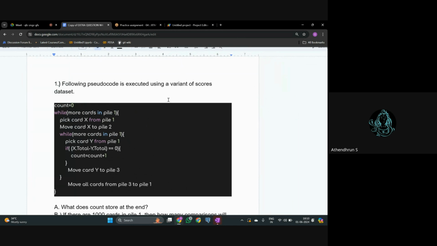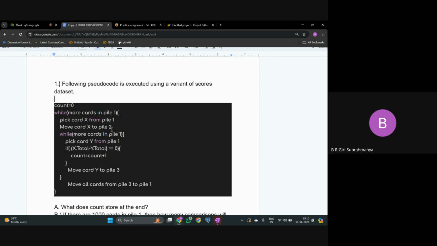Sir, first card stores the value of how many students have got the same number of marks. How many students have got the same number of marks? Yes, sir. So you're saying that the count variable stores the number of students with the same marks, right? No, sir, a pair of students. Okay, number of pairs of students with the same marks, right? Yes, sir.